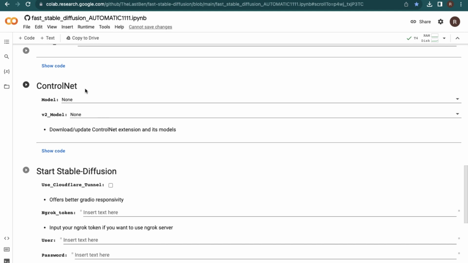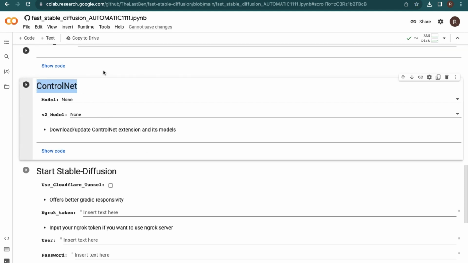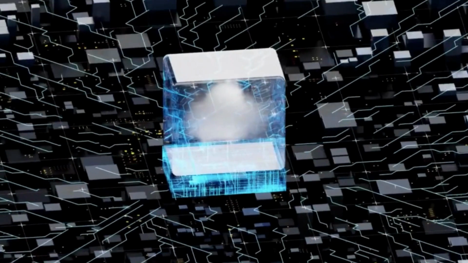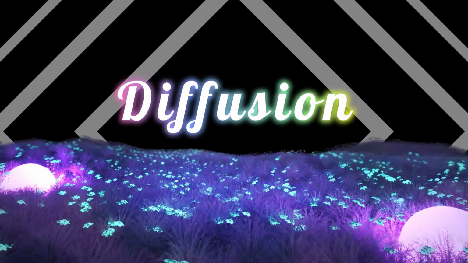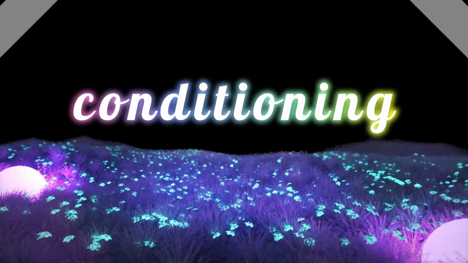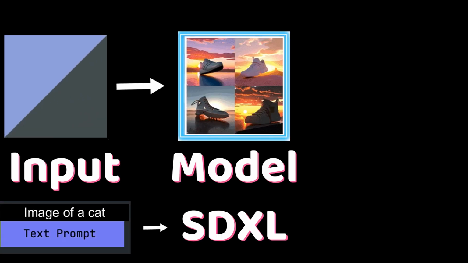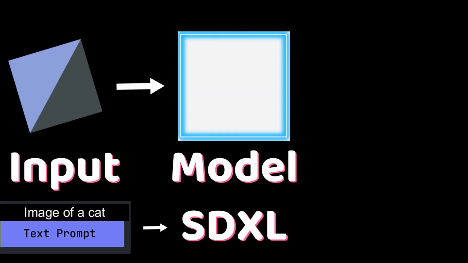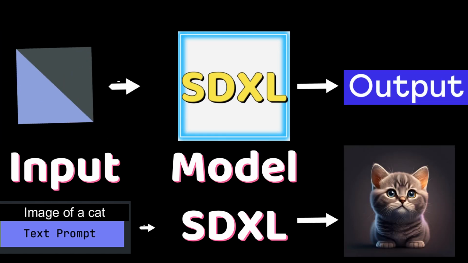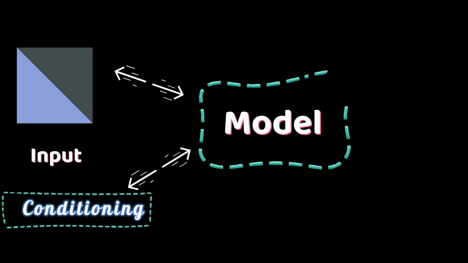Now next is our ControlNet. ControlNet is a neural network structure, which is used to control our diffusion models by adding some conditioning. Let me explain this. We have an input which we give to our model. With the help of input it will generate the output. Using ControlNet, actually we are giving an additional input to our model.